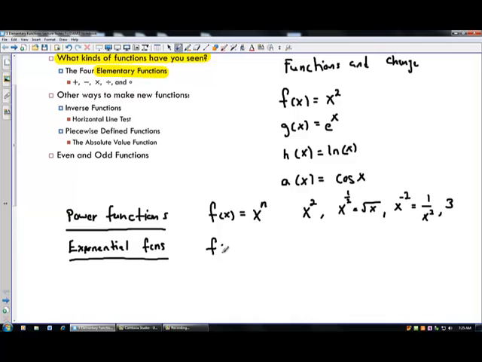These look like f of x equals, instead of having the power as the number, you have the base, so you have some number b to the x. You could have 2 to the x, 3 to the x, or 1/2 to the x. Any number raised to the x is called an exponential function.